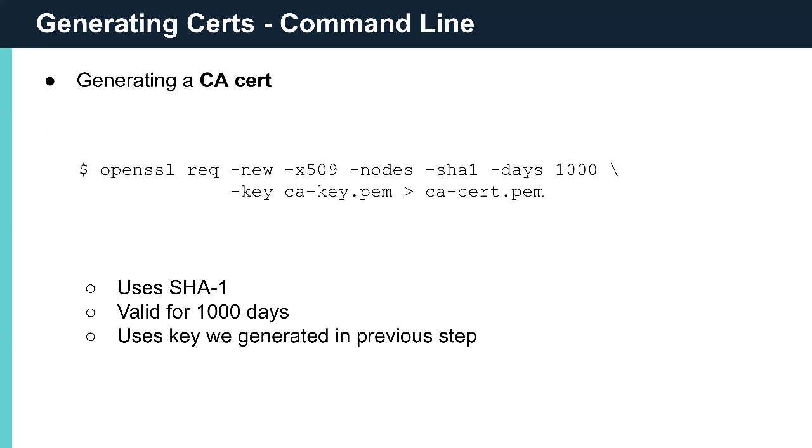How about generating a cert? We'll generate a CA cert using the openssl req application. We'll use -new -x509 -nodes -sha1. You can see we'll use SHA-1 and specify it's valid for 1,000 days. The key we want to use is ca-key.pem, and we want to output this into ca-cert.pem.